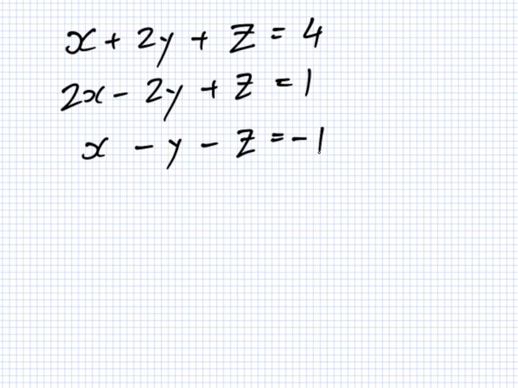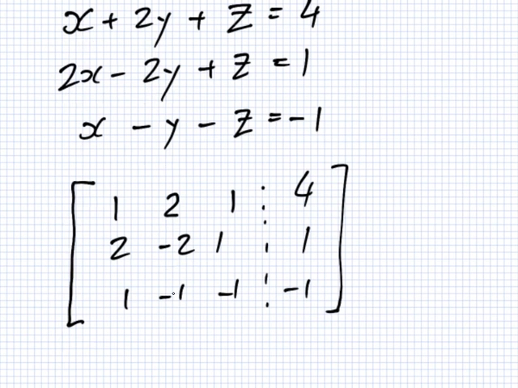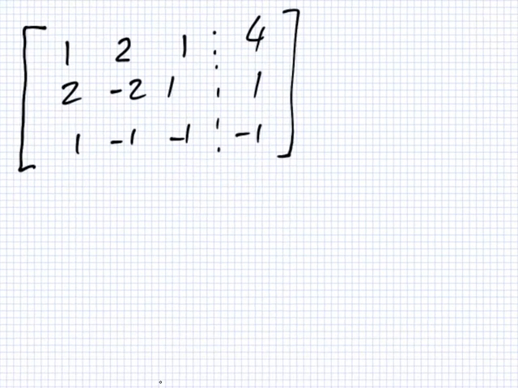Okay, let's use the Gaussian method for this one. Can I start it? Yeah. Okay, so we have 1, 2, 1, 4, 2, minus 2, 1, 1, 1, minus 1, minus 1, minus 1. Okay, let's see what happens.